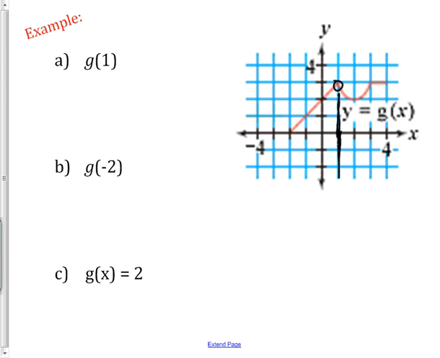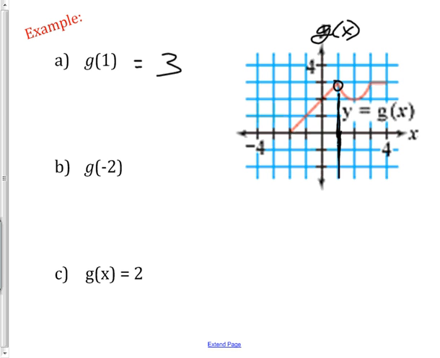So if they told me x, what do they want? They want y. And in this graph, it's not f of x, it's g of x. g of x is like my y. 3. The answer's 3. You get that? Let's try the next one.